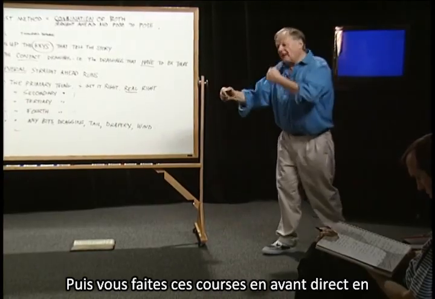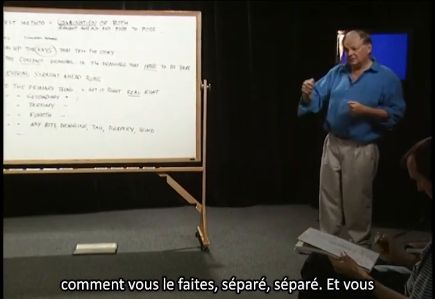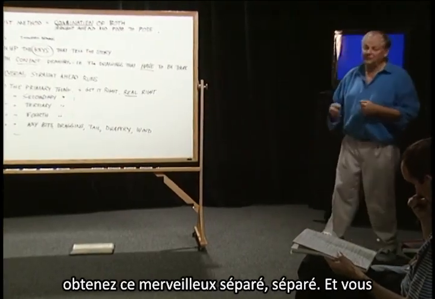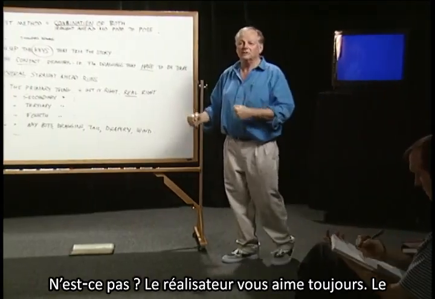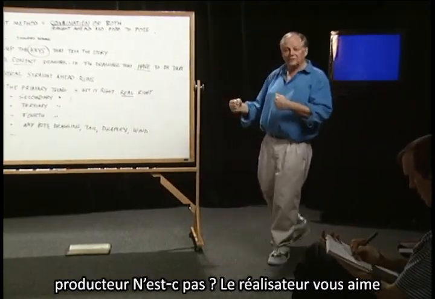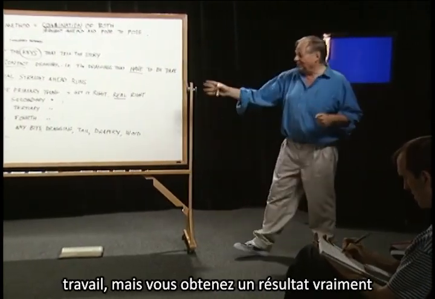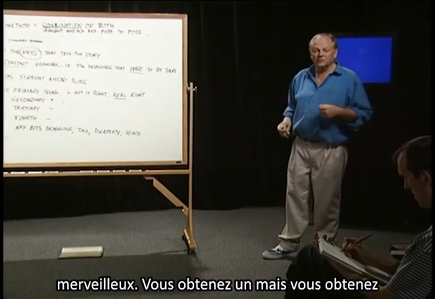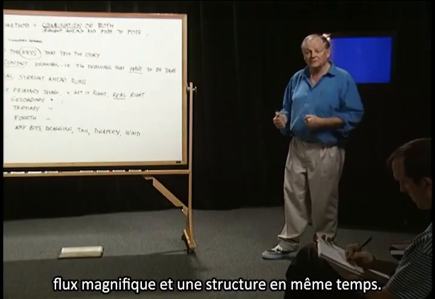And then you do these straight ahead runs in different colors, however you do it. Separate, and you get this wonderful flow which is sitting on a real nice structure, right? The director still loves you, the producer loves you. Time's running out because you're doing a lot of work, but you get a really wonderful result. You get a beautiful flow and a structure at the same time.